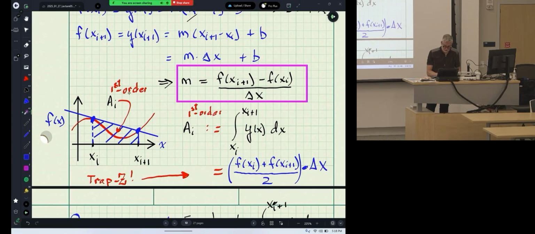And so when you do a first order integration scheme, what you're doing is approximating the true area under the function by the exact area of the first order interpolate.